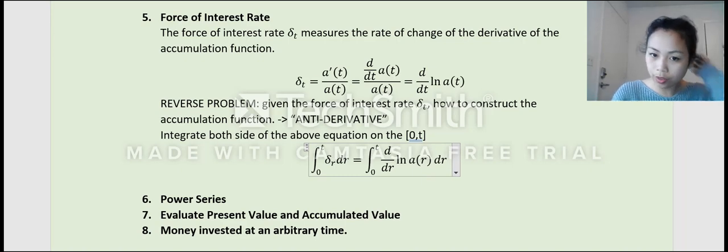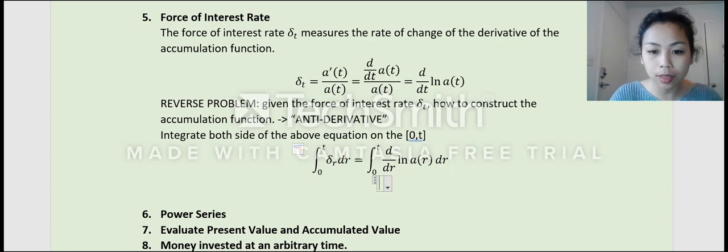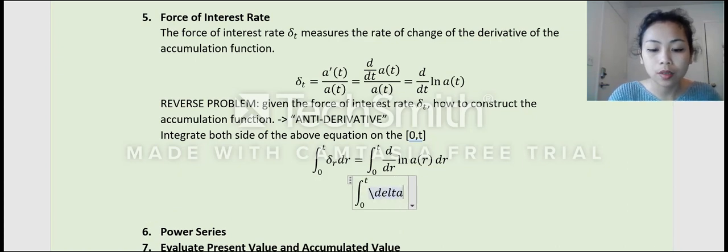So we are going to do integration here. The left hand side we keep the same, so that is the integral from 0 to t of delta r dr. It equals, here we have the integral of a differentiation, so we calculate the antiderivative, which becomes ln of a of r, with r going from 0 to t.